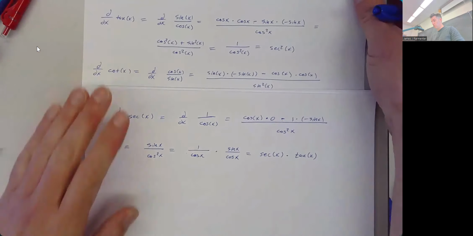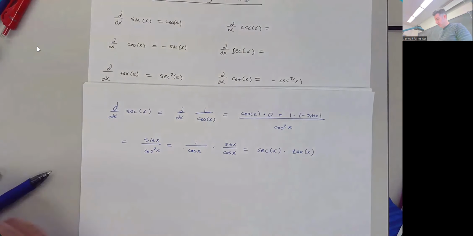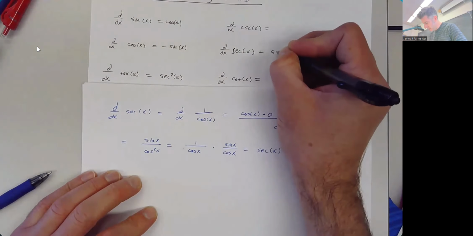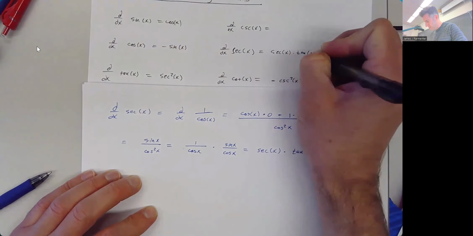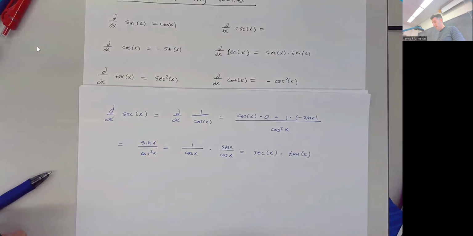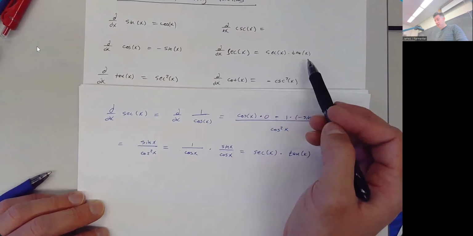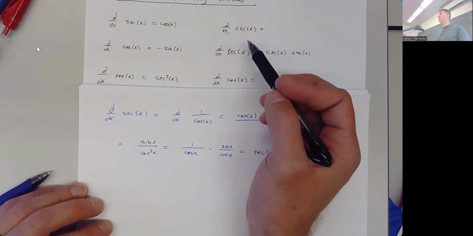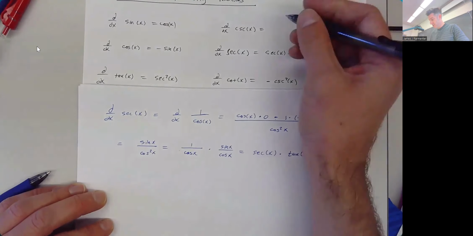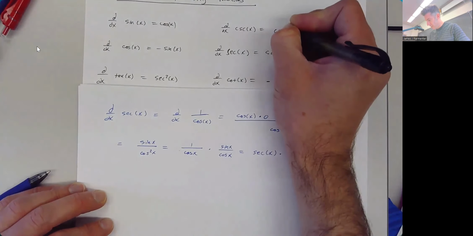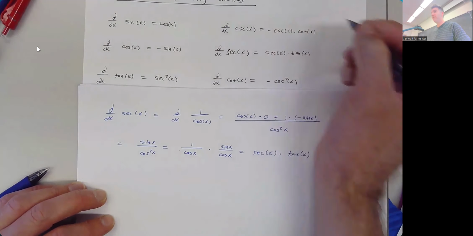And we're still going to do the last one, but we're going to guess what it's going to be first. So the derivative of secant of x is secant of x times tangent of x. All right, so if the derivative of secant is secant times tangent, the derivative of cosecant should be cosecant of x times cotangent of x, and it should be negative.